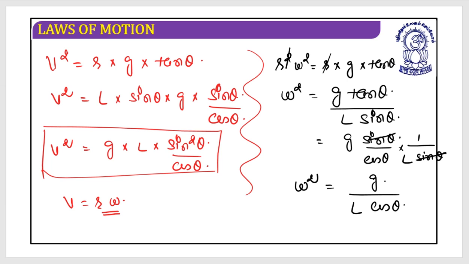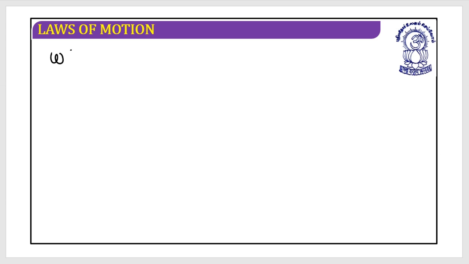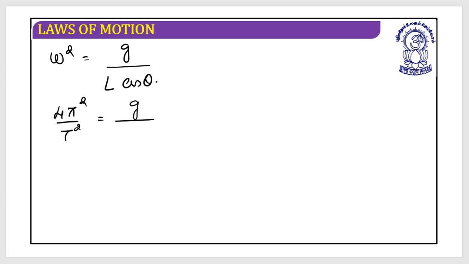And if you wish, you can get the time period also from this relation. Let's have a look. Omega square could be written as g by L cos theta. This is 4 pi square by t square equals g by L cos theta.